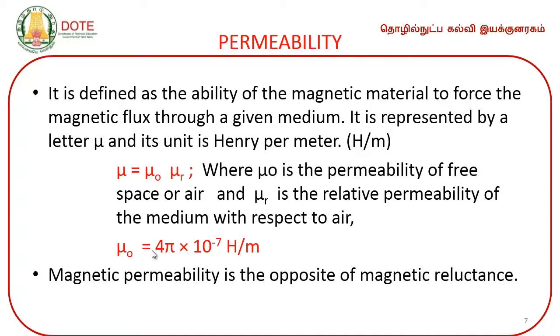The expression of permeability is mu equals mu naught mu r, where mu naught is the permeability of free space or air and mu r is the relative permeability of the medium with respect to air. Mu naught has the value 4 pi into 10 power minus 7 Henry per meter. Magnetic permeability is the opposite of magnetic reluctance.